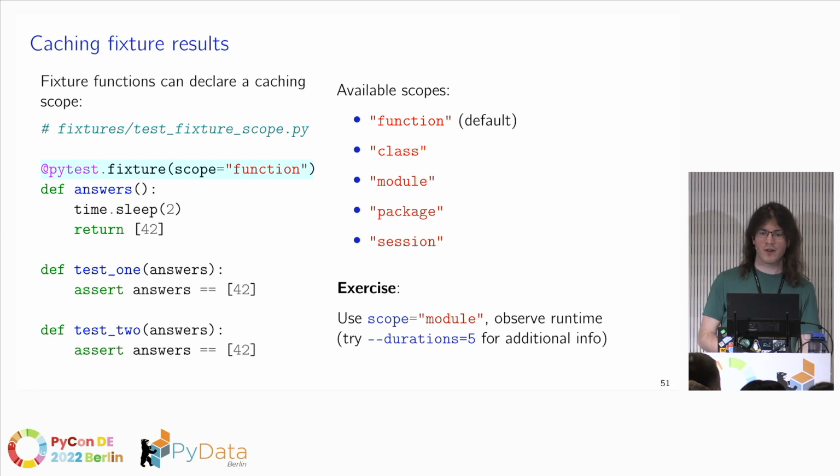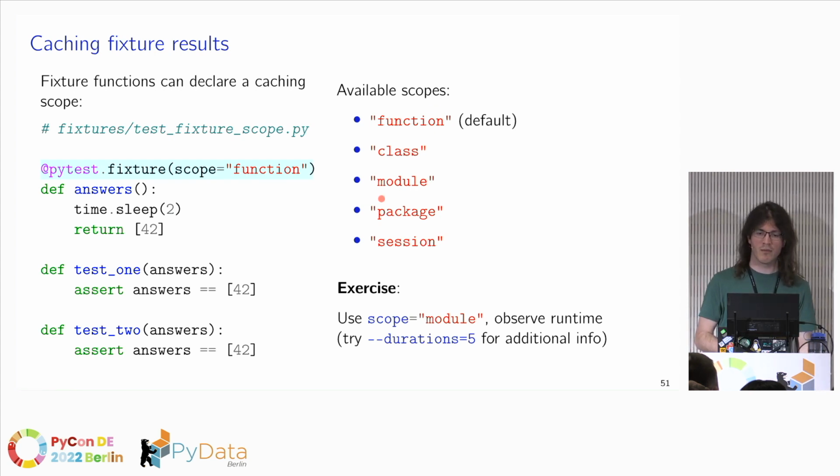There are 5 scopes available, but you will probably only need 4 of them. That's function, the default scope. Every test function gets the value. Class, if you group tests in a class and use this fixture in different classes, then every class will get its own value, but tests inside the class will share it.